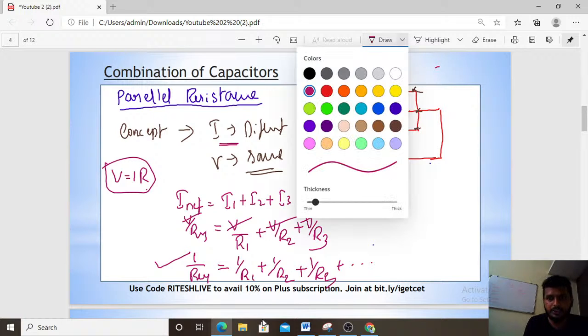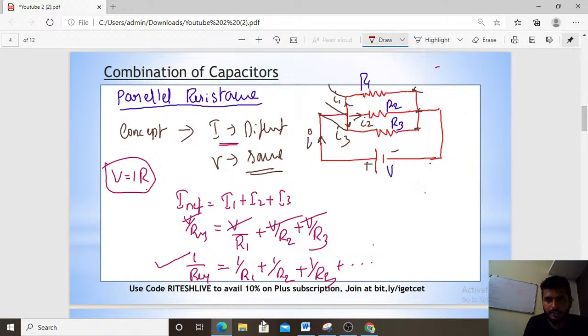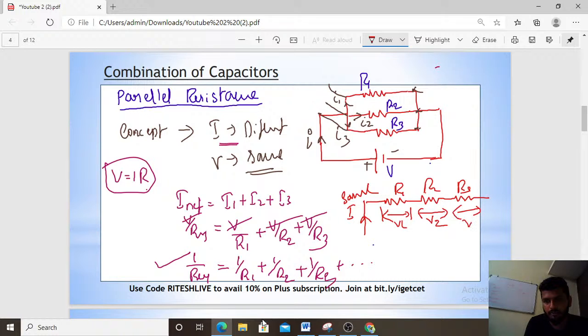When they are in series, you need to change the figure, like first resistance, second resistance, third resistance. Okay, so R1, R2, R3. So here current across all the resistors I will be same, this concept, but V will be different. Here it will be V1, here it will be V2, and here it will be V3.